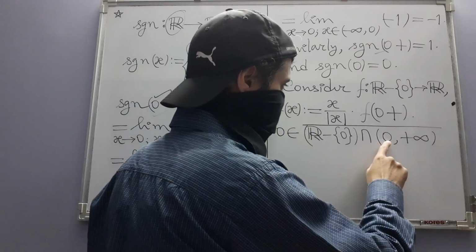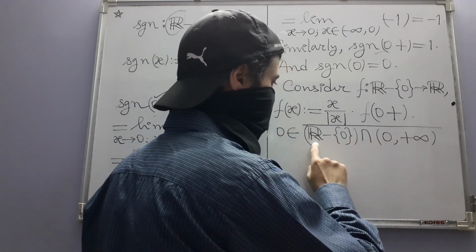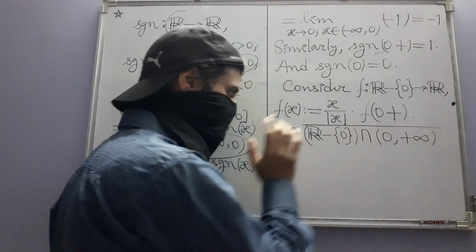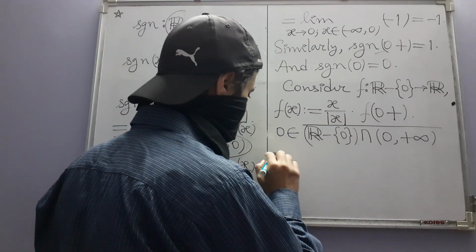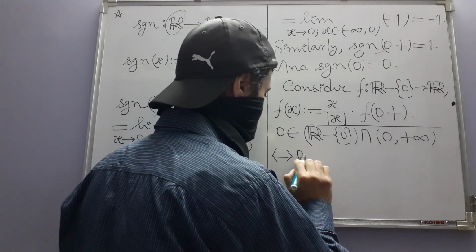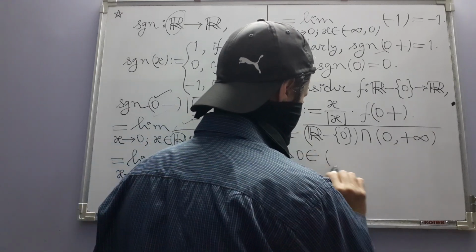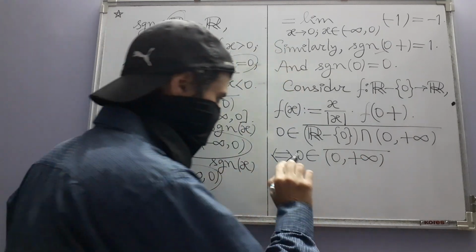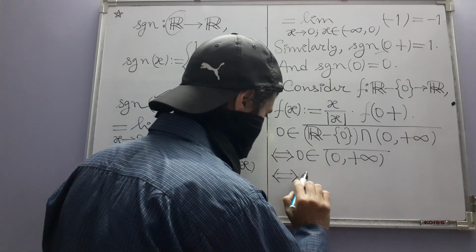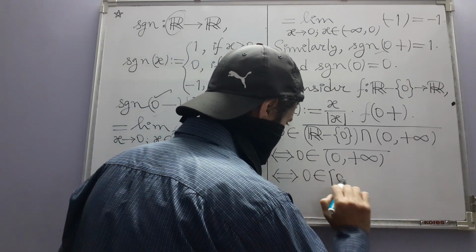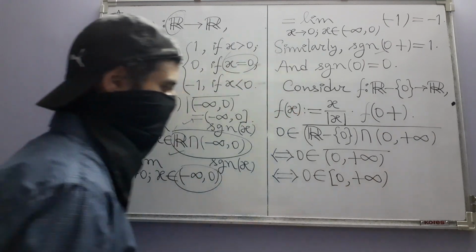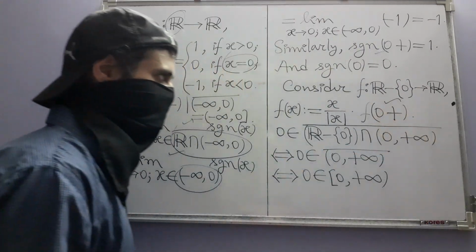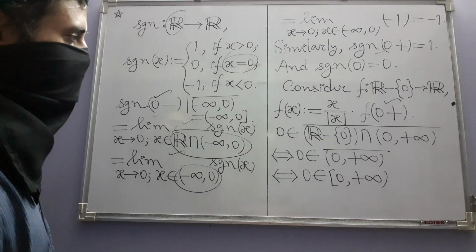You can see that since 0 belongs to neither this interval nor this interval, not this set, this interval is actually a subset of this, and so this intersection is nothing but this interval, and the closure of this interval is of course this closed ray, and 0 belongs to this. So yeah, we can talk about this at least. We can start talking about this. Now let's see what it is.